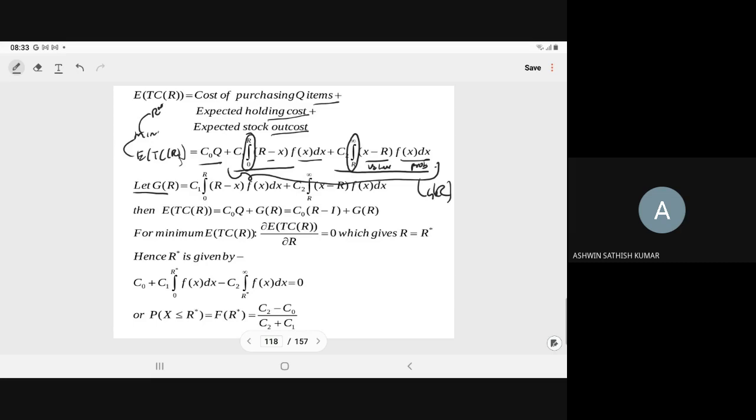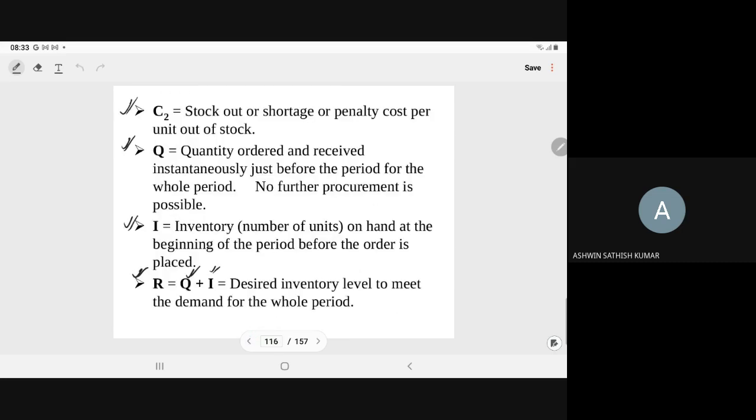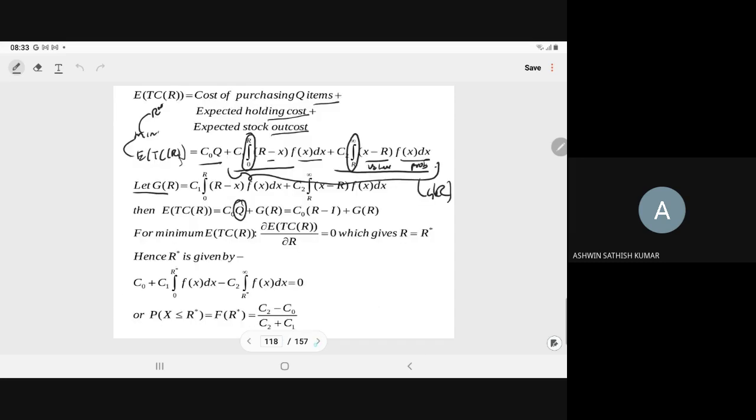So ETC(R) will become C0 Q plus G(R). And Q is the desired inventory level minus the initial inventory, so Q is equal to R minus I.